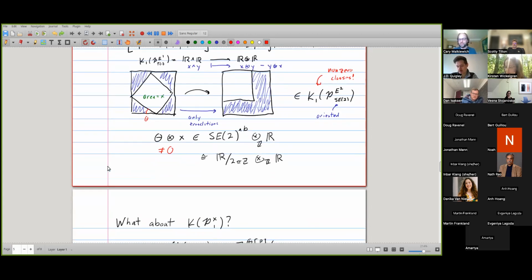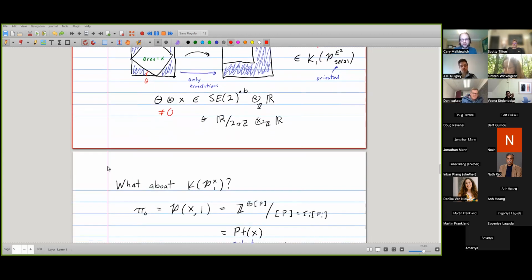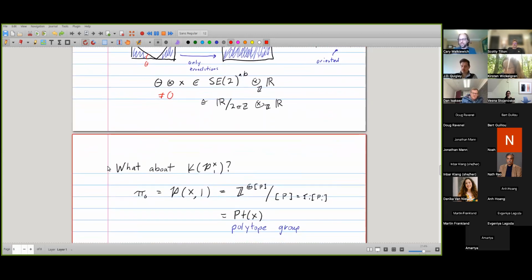Okay, so what about this? What if I take no moving and I build the spectrum, what do I get? Well, at the level of pi naught, we get something that we already knew. We get the scissors congruence group with no isometries, and this is sometimes called PTX, the polytope group.